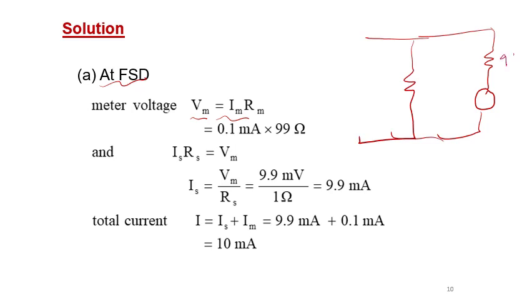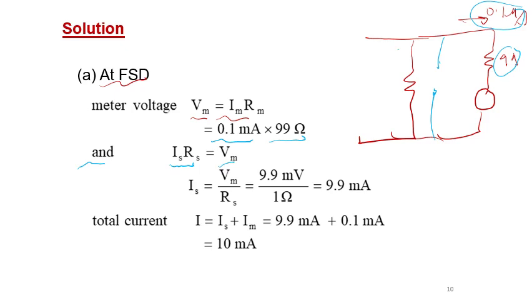Remember that this is 99, and the current here is 0.1 milliampere. So if I want to calculate the voltage between this point and this point, it's equal to this current times this resistance. You see, 0.1 times 99, which equals a certain value not given yet. No problem. IsRs equals Vm.